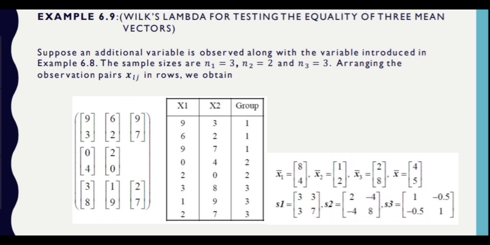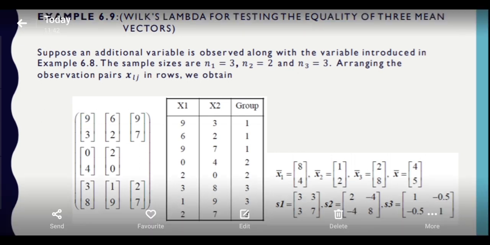Okay, so this 9, 3 kan, vector of x. Here 9, first observation for the first variable. 3, first observation for second variable.